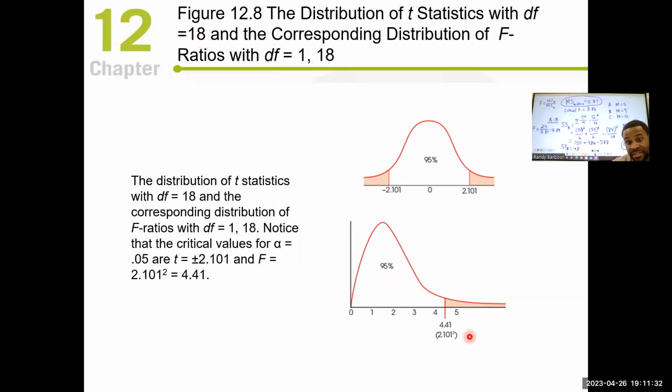So 2.101 squared gives me my F ratio of 4.41. Again, measuring the same exact thing, just a little differently: distances for the t-test, variances for the F ratio.